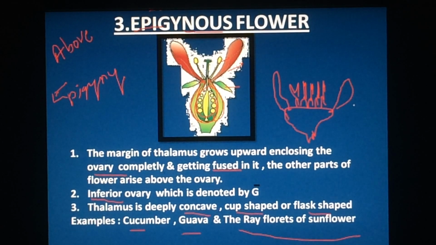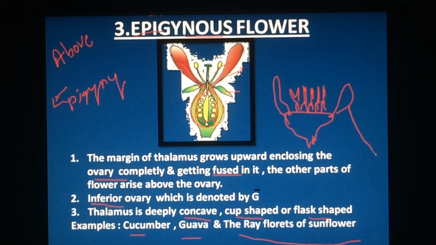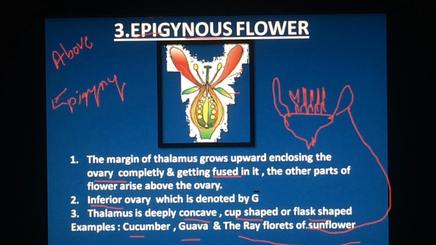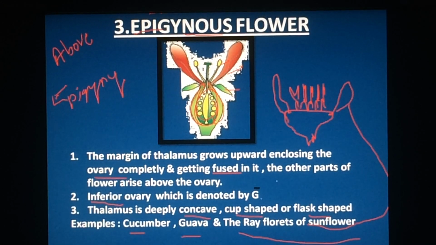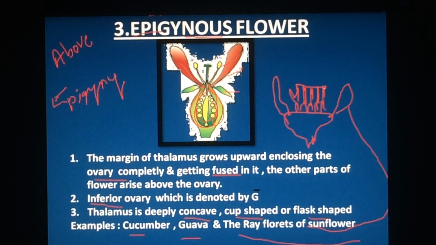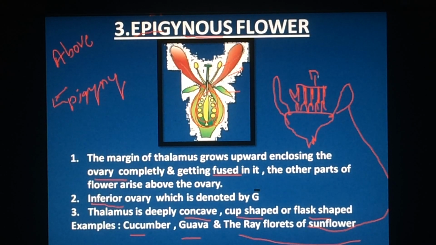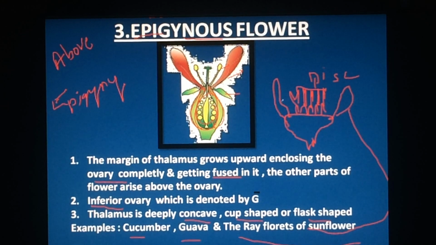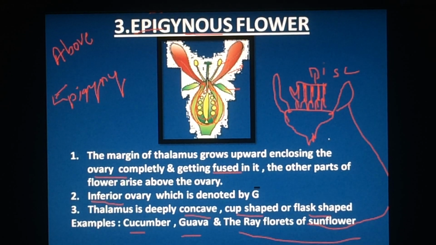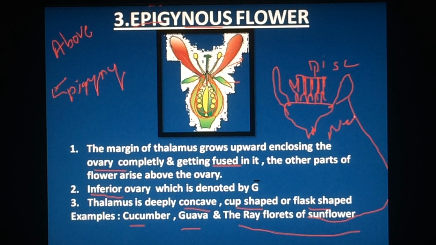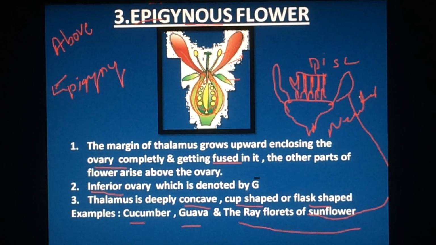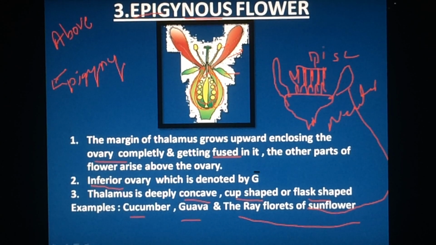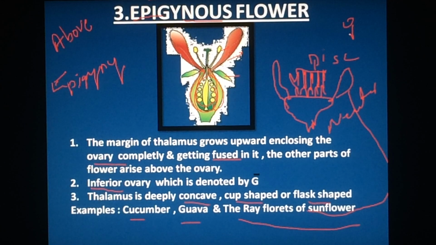See here, this is at the side, whatever are called as ray florets. These are called as disc florets. Ray florets are neuter, sterile. Disc florets are bisexual.